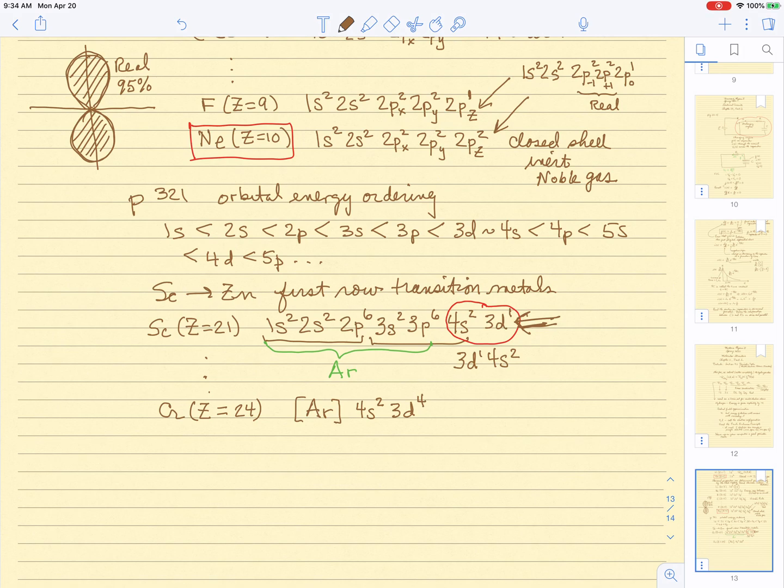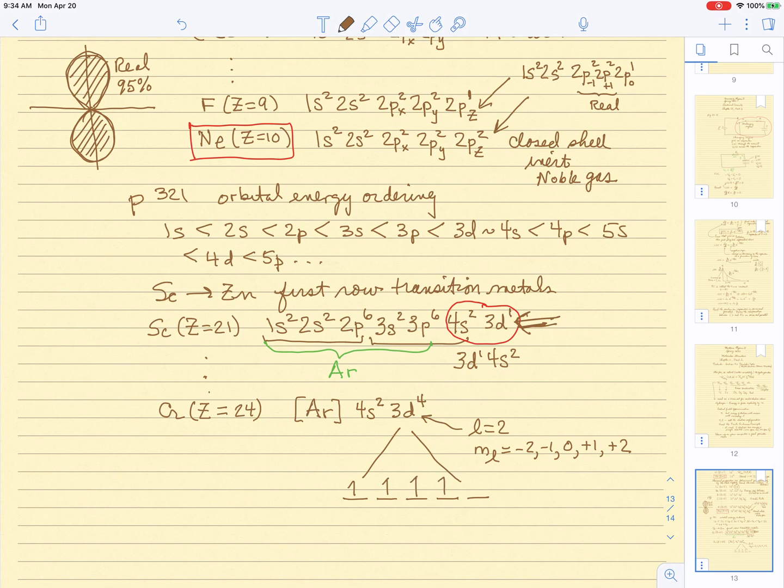But what happens here is, remember in the d level, d is l equals 2, which means that m sub l is going to be -2, -1, 0, +1, +2. We can actually form here 5 real orbitals: 1, 2, 3, 4, 5. We would normally think of putting 1 electron in each of those.